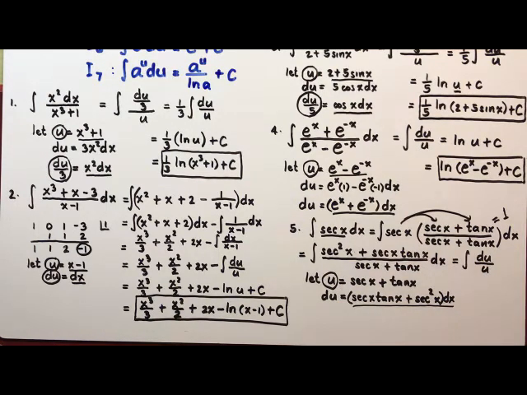And hooray, you realize that we can apply formula number 5 because the integral of du over u is just the natural log of u, and there is a constant of integration c. So our final answer here is just the natural log of u, where our u is secant x plus tangent x, and of course plus c. And this is our answer for problem number 5.